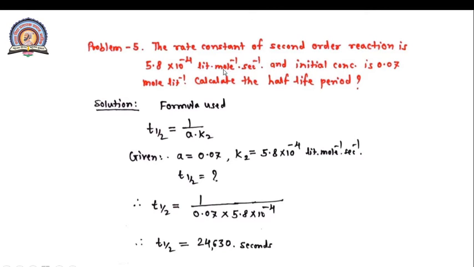Same problem. Solution, solve this problem. The formula used, T half is equal to 1 upon A into K2. The given values, A is equal to 0.07, K2 is equal to 5.8 into 10 raised to minus 4 liter per mole per second. And what is T half? Therefore T half is equal to 1 divided by 0.07 into 5.8 into 10 raised to minus 4.